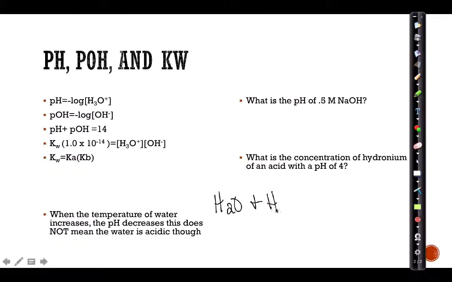So this special reaction that I showed you starts happening a lot more. So it starts to go more and more and more to the product side when you heat it up because K is different now and we're making a lot more hydronium. Well, when I measure the pH, I'm measuring the pH by looking at the concentration of hydronium. Well, since that is higher, my pH will end up being lower.